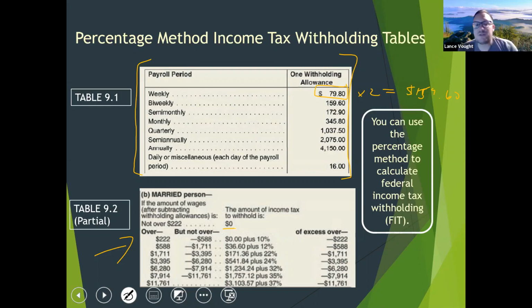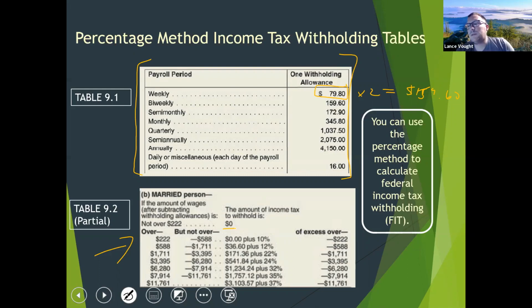If you make over 222 but less than 588, then you pay 10% of your tax. But if you make more than that, then you just pay $36.60 because it's $366 in that range. So you would pay $36.60 for that money. And then the money after that, between 588 and 1711, you pay 12% of that.